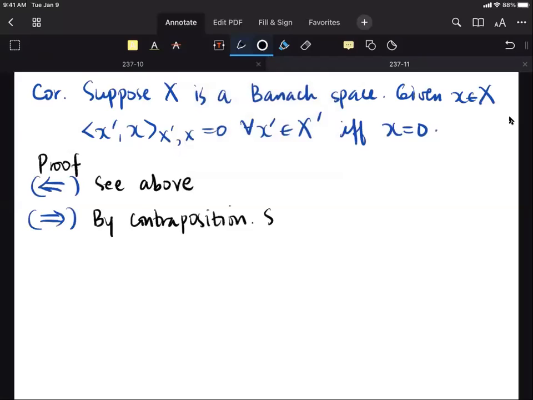In other words, suppose x is not equal to 0. We wish to establish the negation of this statement. In other words, it is possible to find an element in the dual space which, when evaluated at x, is not equal to 0.